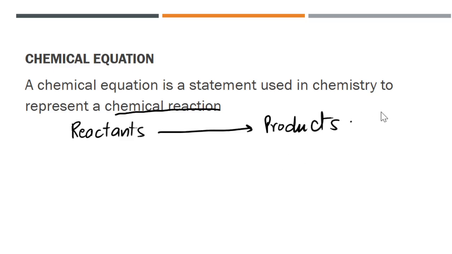We can describe it with the help of a statement. For example, if we are reacting lead nitrate and potassium iodide, we can put a statement that when lead nitrate solution reacts with potassium iodide solution, lead iodide and potassium nitrate are going to be formed. This is also known as a word equation.